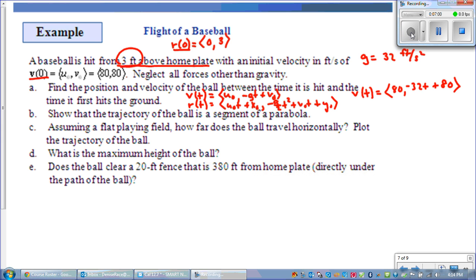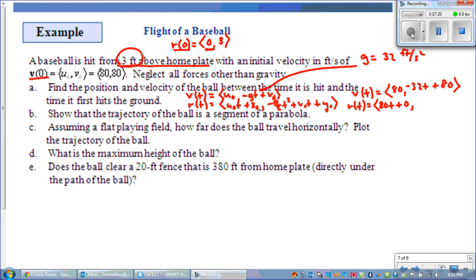Just putting g for 32 in here, and then v naught and u naught are both 80. Okay, r of t will be 80t plus x naught, but our x naught up here was 0.